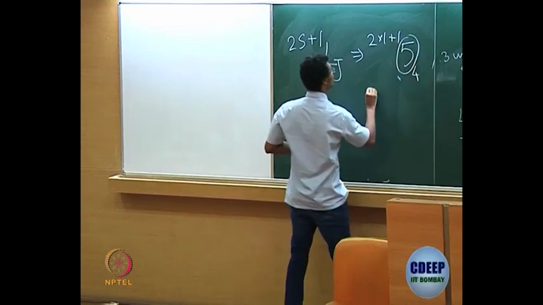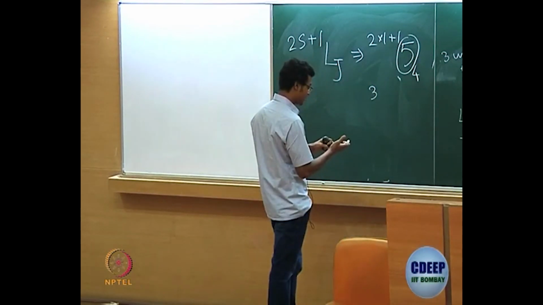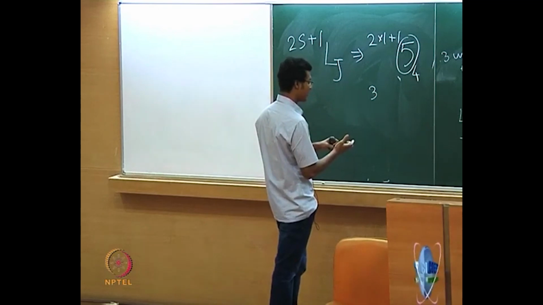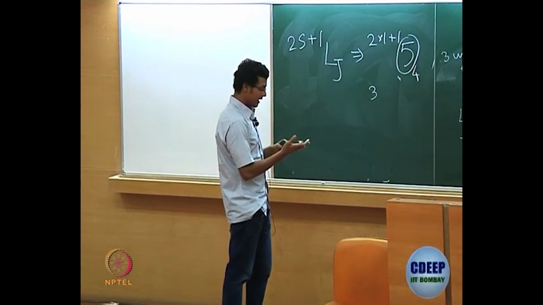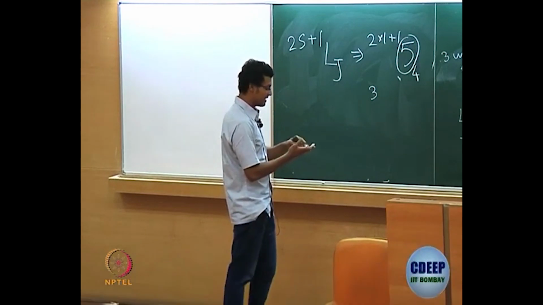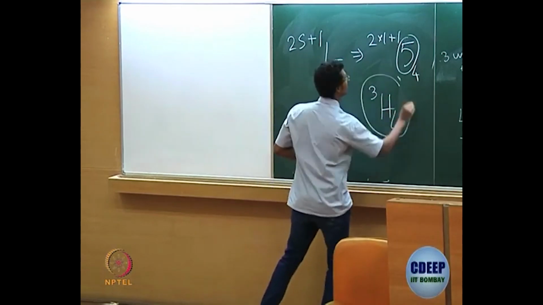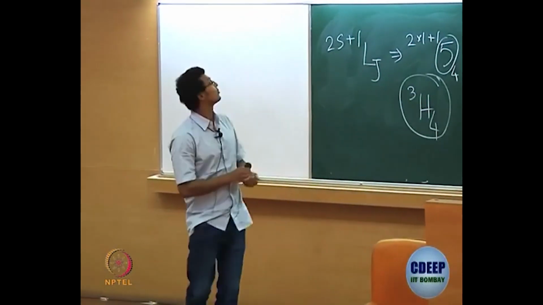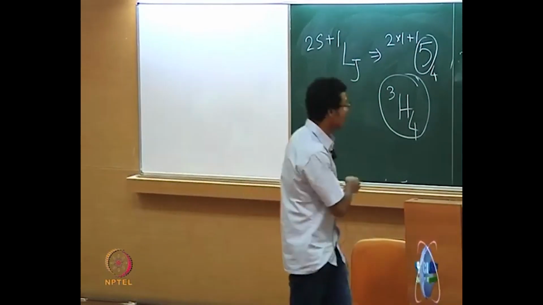So this 5 is going to be, S P D F G H. Good. And 3H4, where 4 is L minus S. Is it correct?